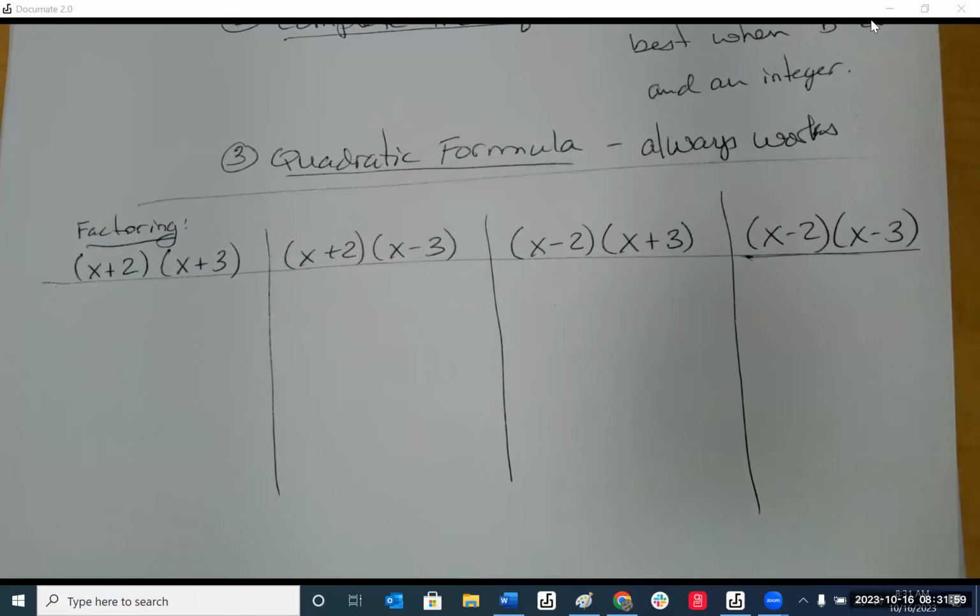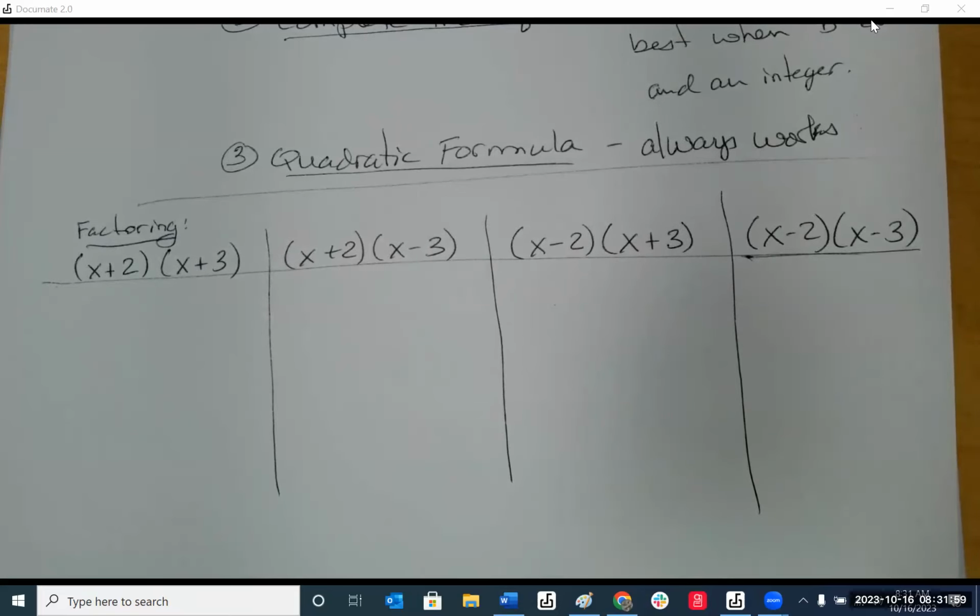What we just did, going from here to here, is called distribution or distributivity. That's going from smaller terms to a larger term. We're multiplying together. What we're interested in now is going from the bigger one to the simpler ones.